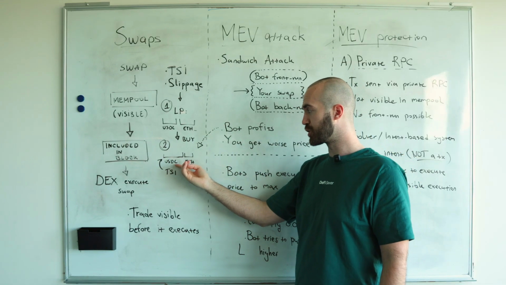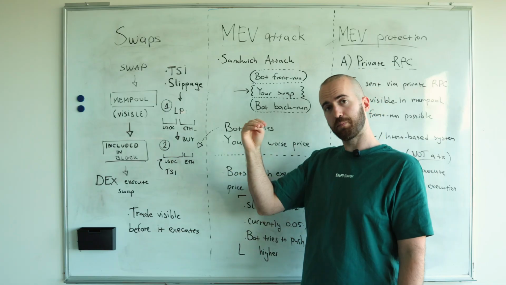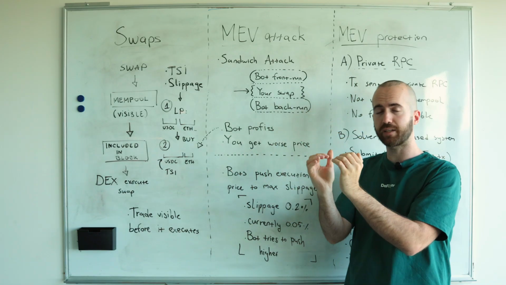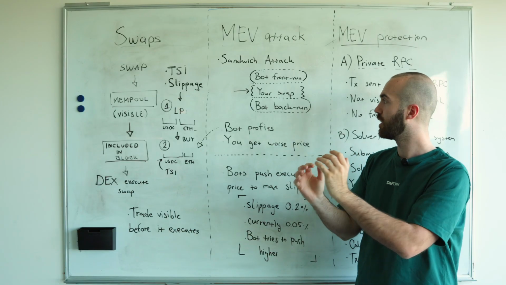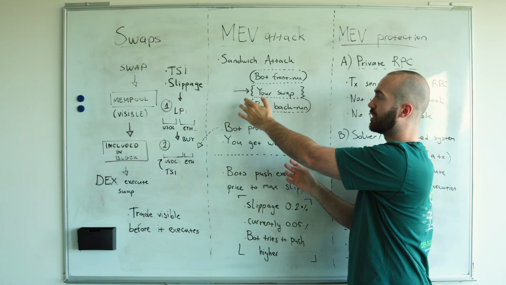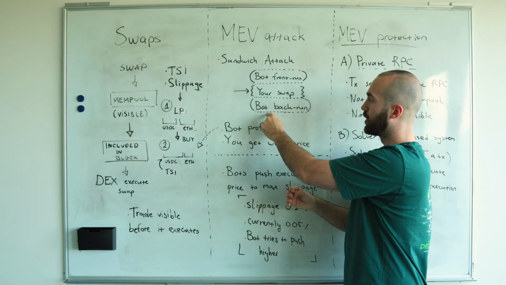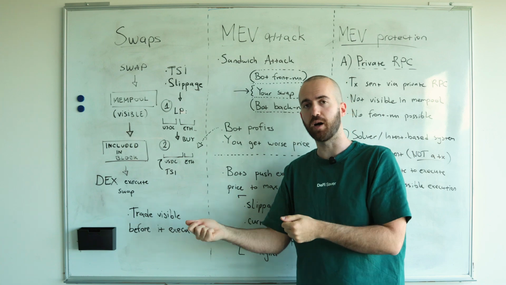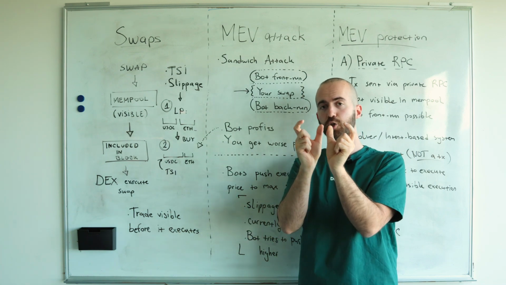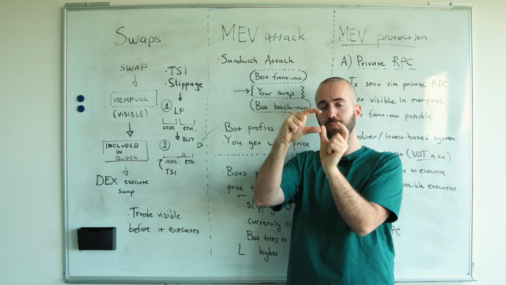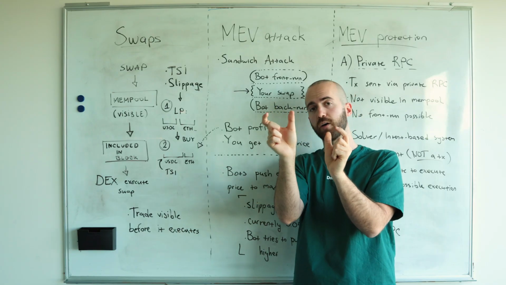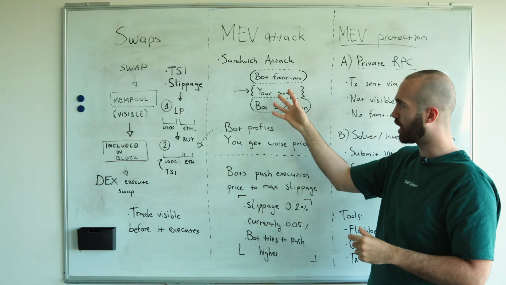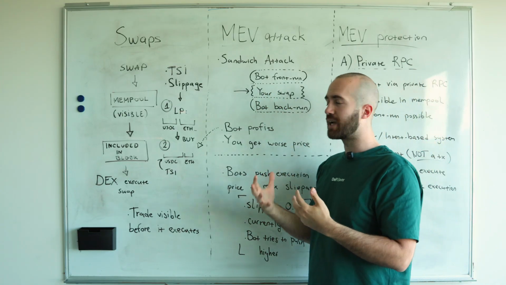It's then going to push the price of ETH up, which means it buys at one price, you get ETH at a worse price, and then once you buy the ETH, the price of ETH goes up, and the bot then back runs and sells off the ETH it just bought. So it buys at one price, you perform your swap, the price of ETH goes up, and then it sells off ETH, and then the price drops back down again. So that's how these attacks actually profit. And why is it bad for the user?